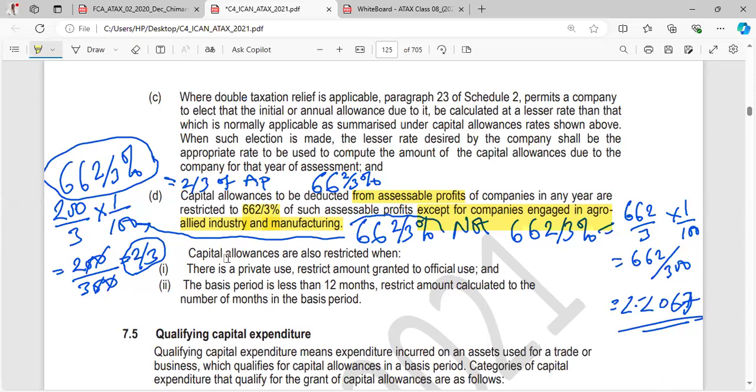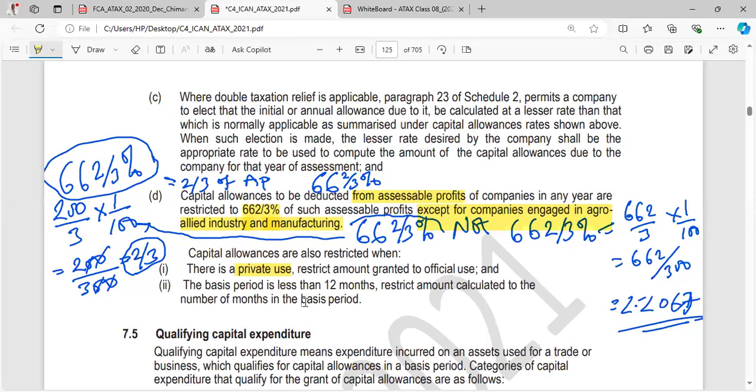Another restriction for capital allowances will be when there is private use. Let's say you have a vehicle, and you're using it for office and for private use. I'm just using an example: out of 7 days in a week, the vehicle is in use 7 days a week.